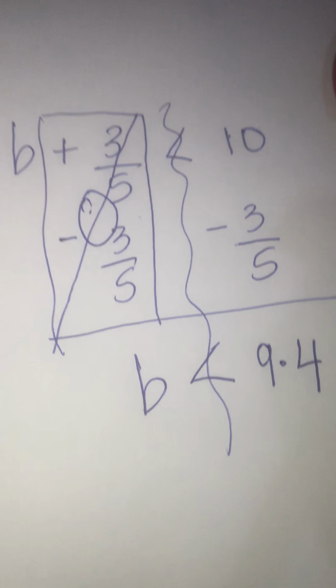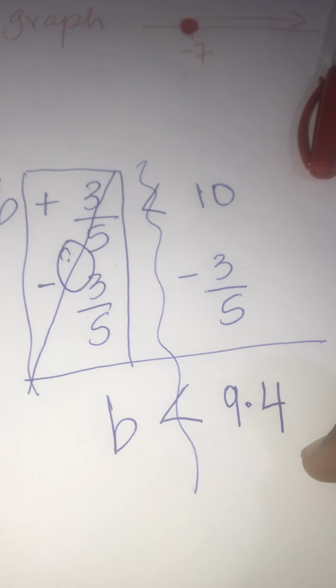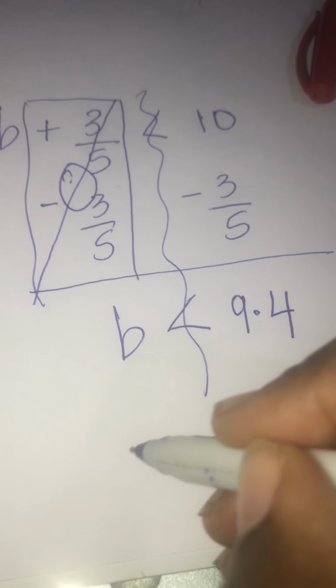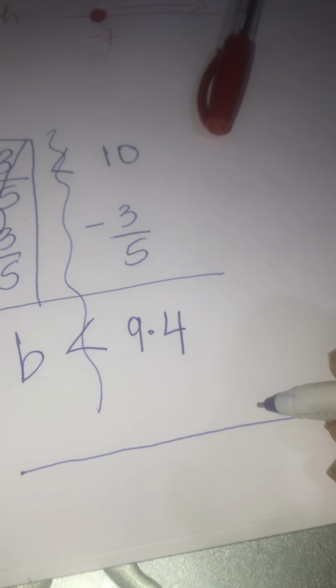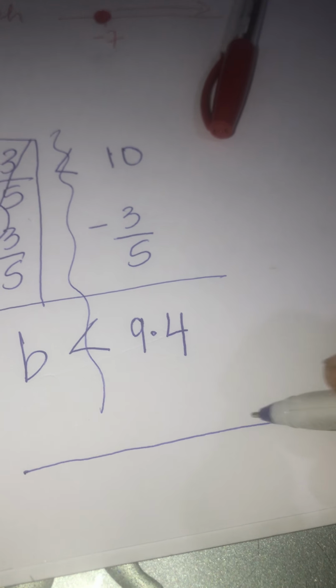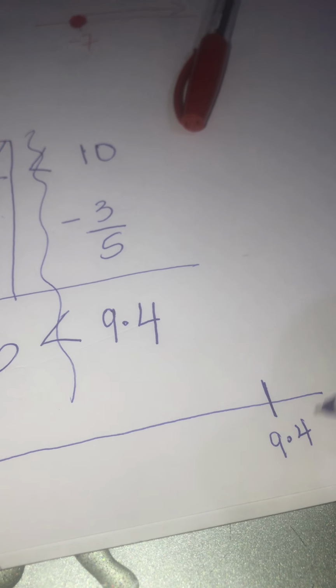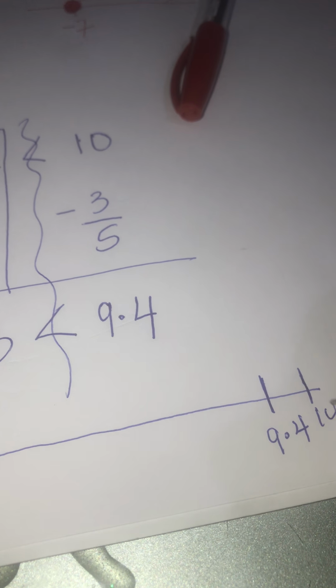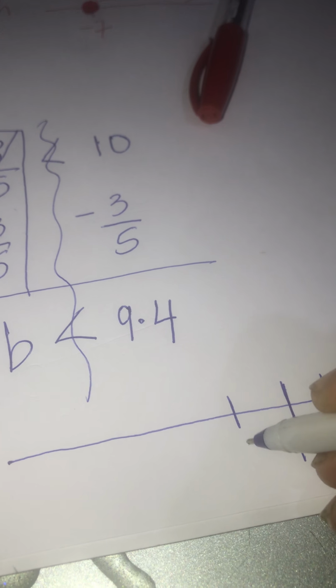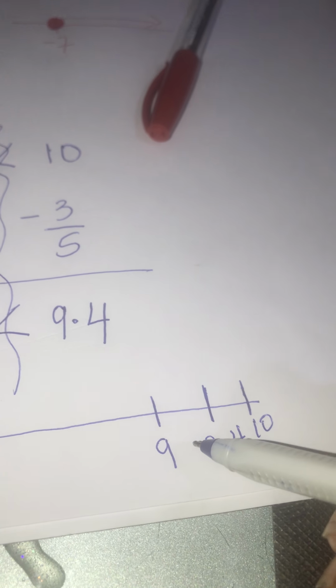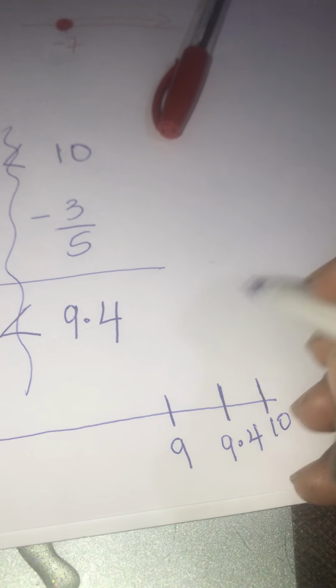So, okay, you can do it as a decimal or you can do it as a fraction. Then you draw your line. 9.4: the whole number will be 10 here and the whole number will be 9 here. Okay? 9.4 is between 9 and 10.